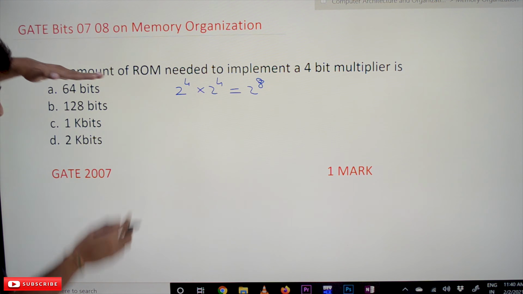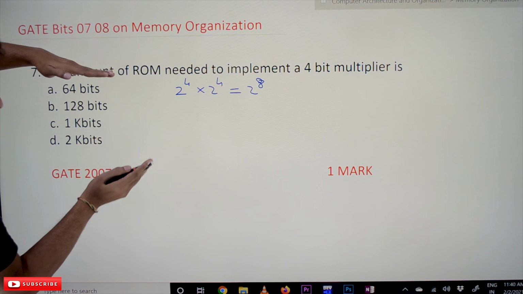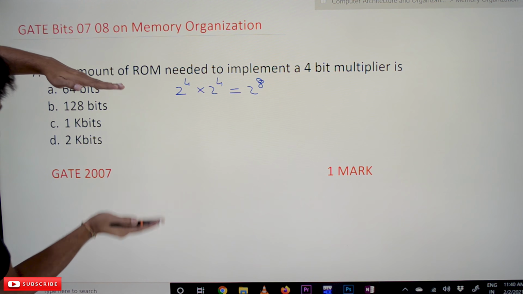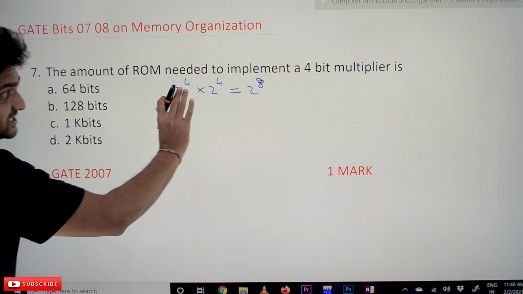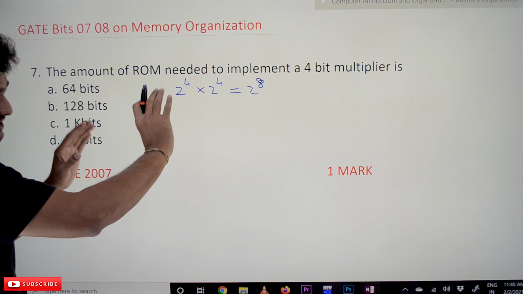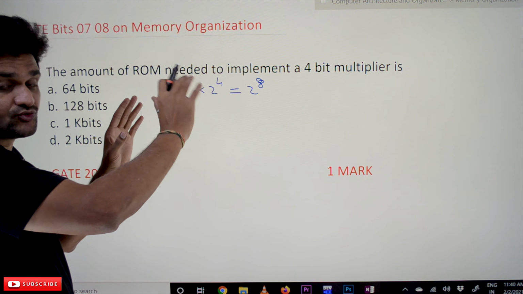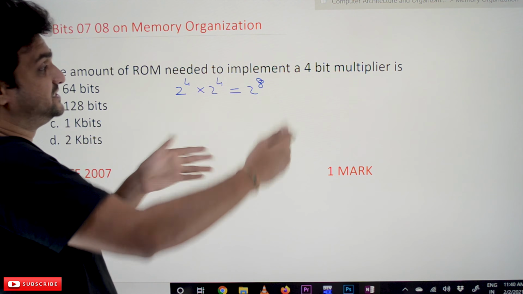So the number of different combinations, as rows, is 2 power 4 into 2 power 4, and if we multiply each and every combination, we get a maximum of 8 bits.